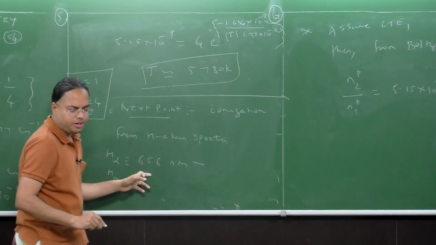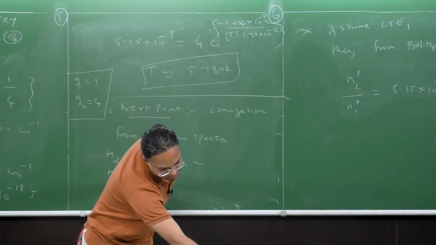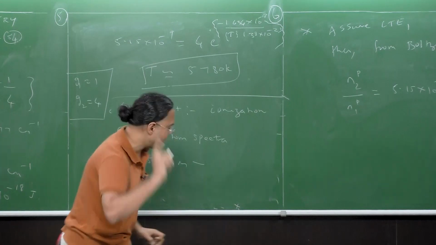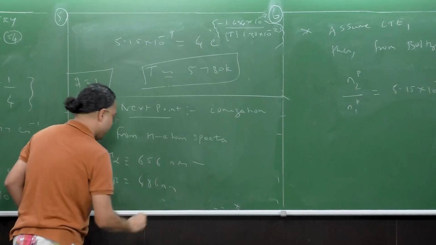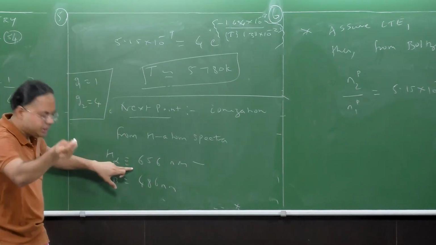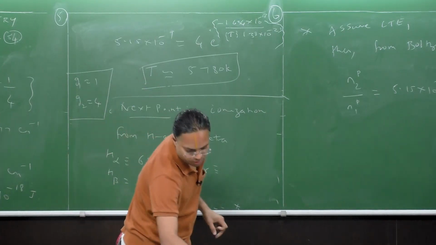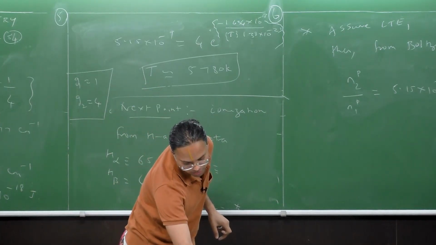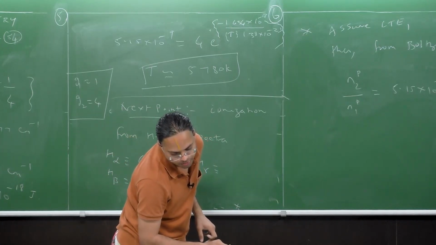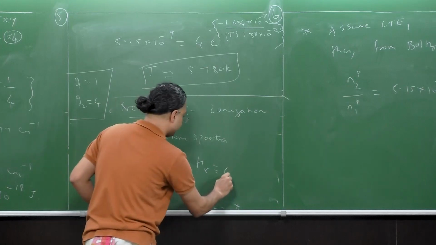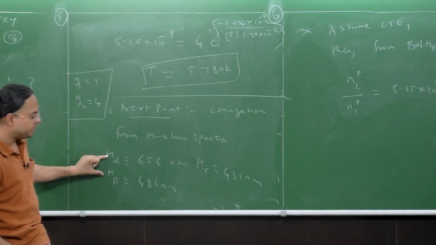I told you that the H beta is around, if I'm correct, 486 nanometers. H gamma is also important. H gamma is around 431 nanometers.